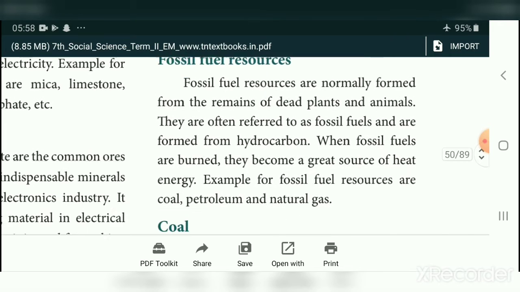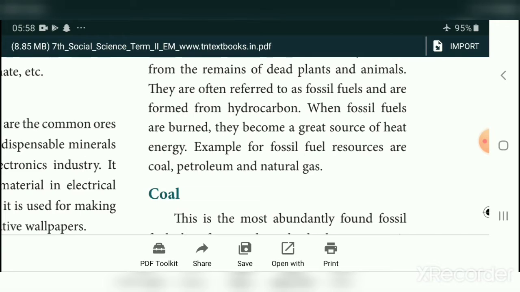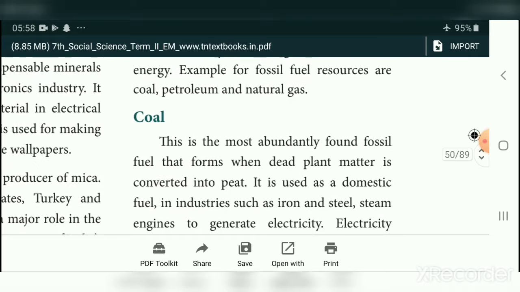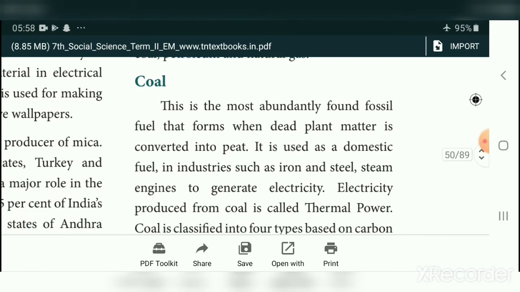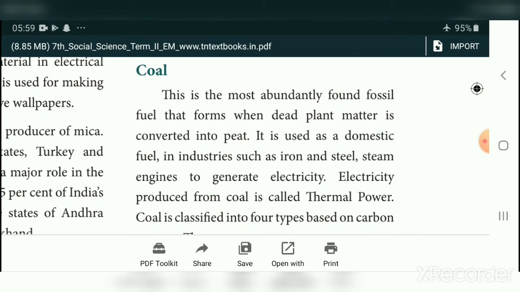When fossil fuels are burnt, they become a great source of heat and energy. Examples of fossil fuel resources: coal, petroleum and natural gas. Let me see coal. This is the most abundantly found fossil fuel, which forms when dead plant matter is converted into peat.